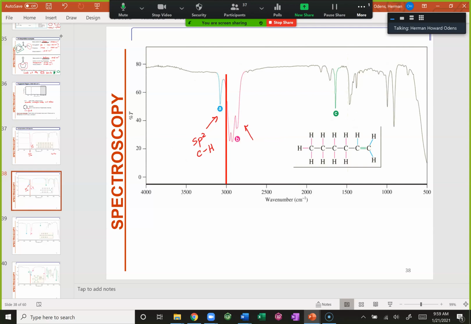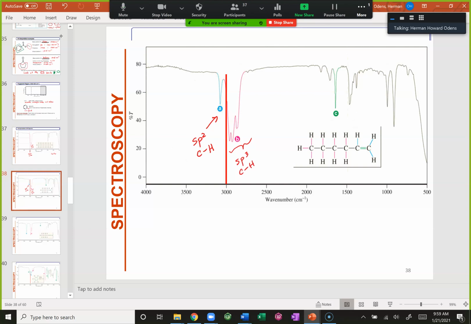So you cannot say, oh, this represents 3 CH peaks that are sp3. No, that's not right. This whole conglomerate tells you, the only thing that infrared tells you, is that you have sp3 CH character right here.